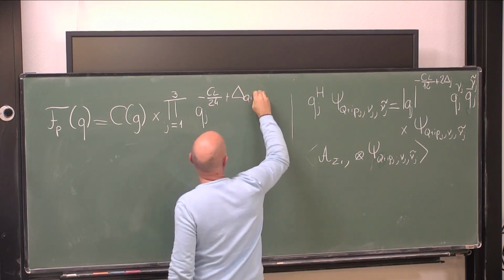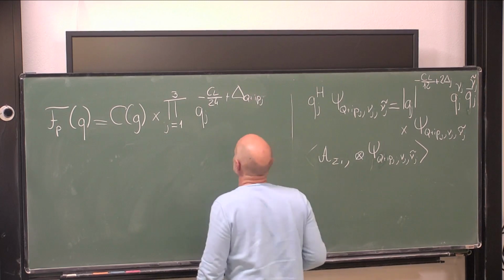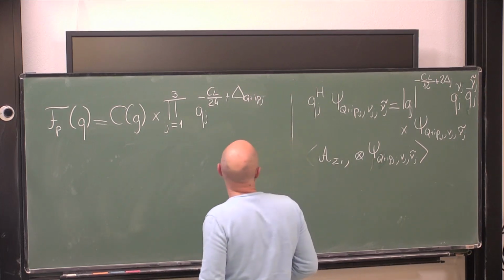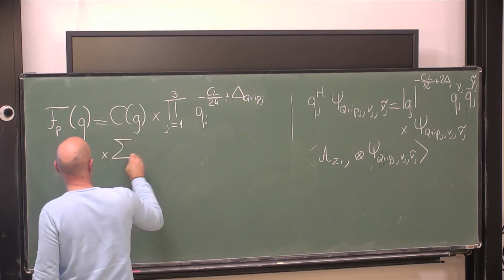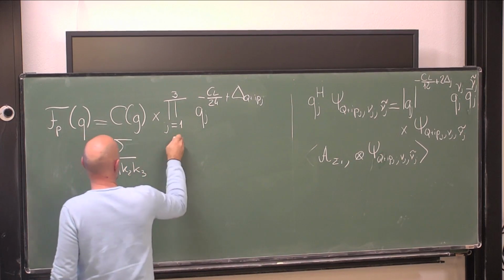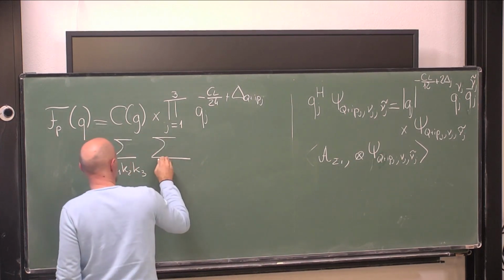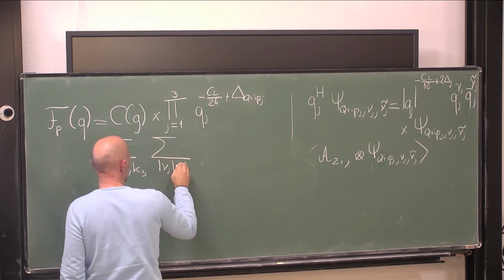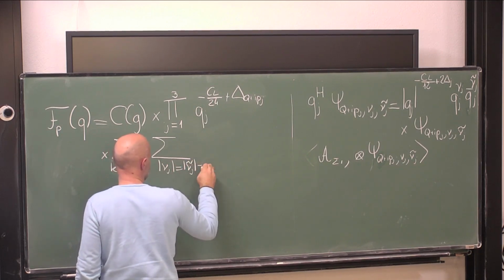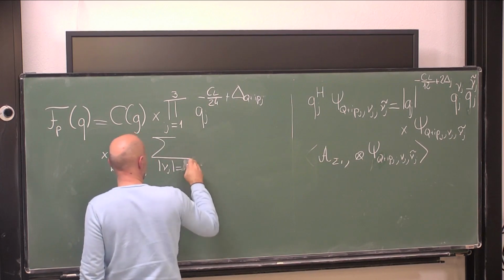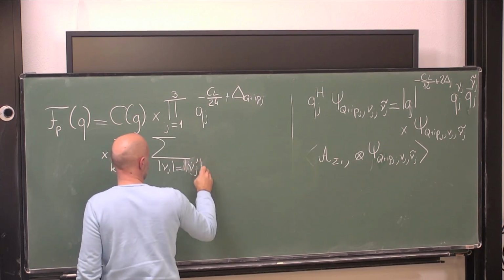Q plus iP_j. Then I have a sum over K_1, K_2, K_3. I guess I will have the sum over all Young diagrams with size K_j.